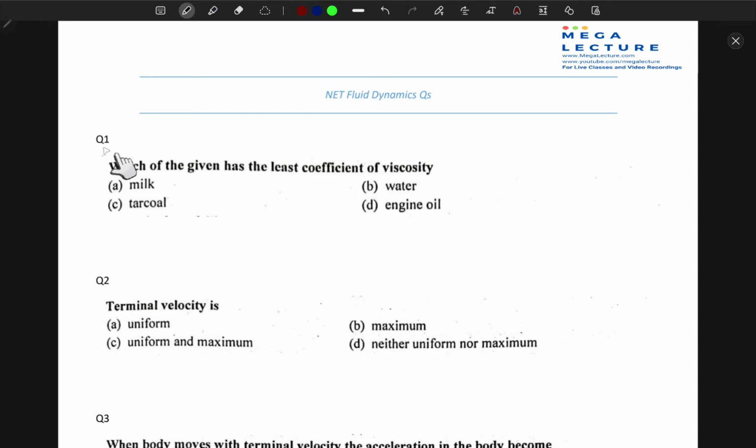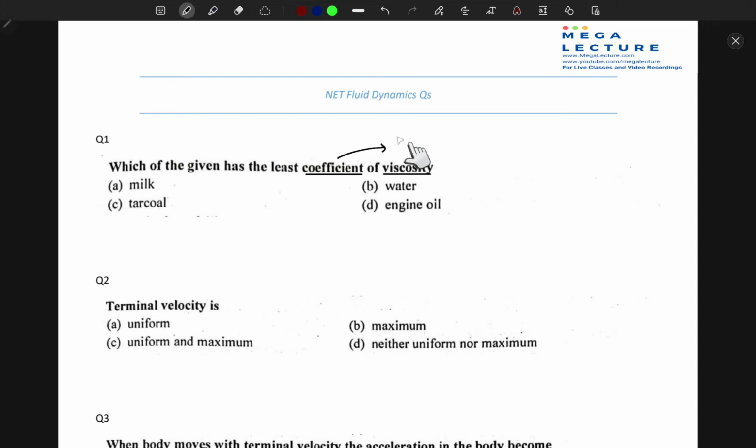So here we have question number 1, and the question reads, which of the given has the least coefficient of viscosity? Now recall, what is viscosity? The coefficient of viscosity measures how viscous something is.